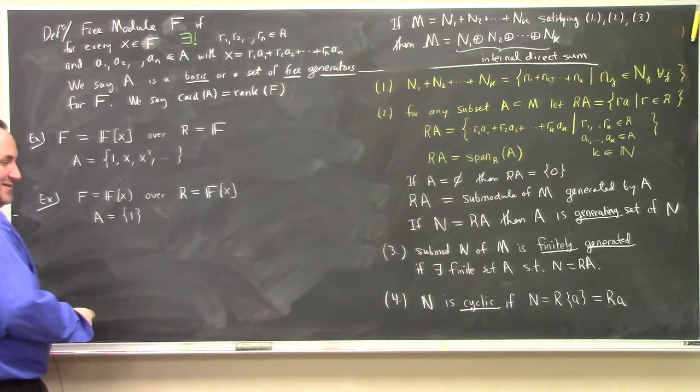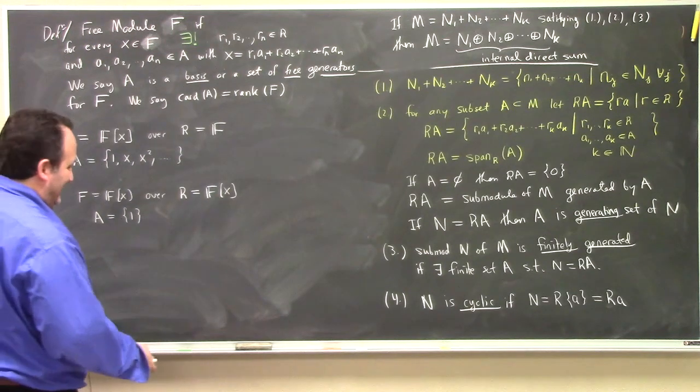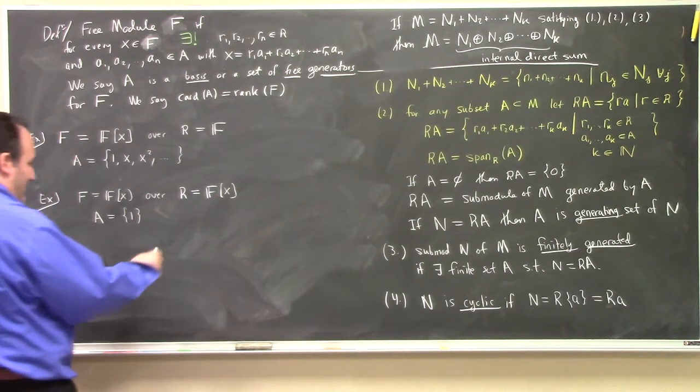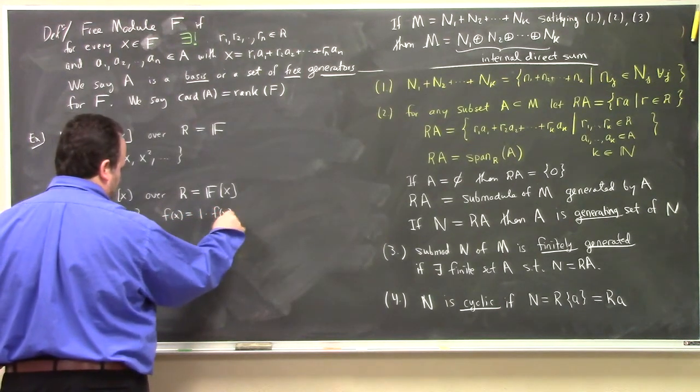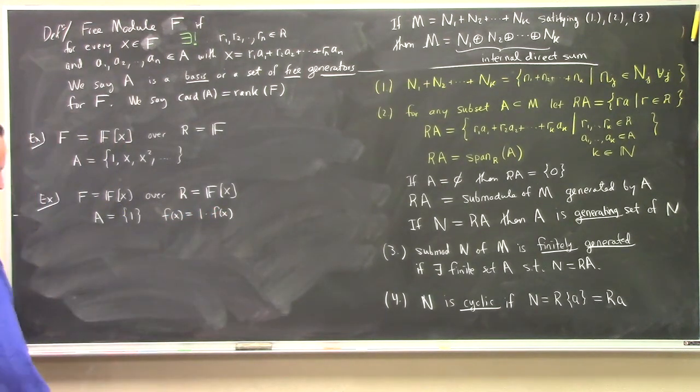It's very silly, but f of x is equal to 1 times f of x, right? And so I think that this free module would be cyclic since everything is generated by 1, right?